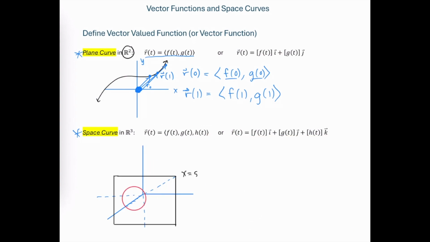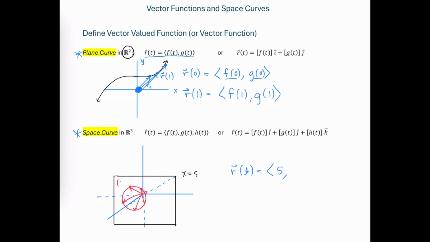Now, just to come back to the scenario, when we have a plane curve existing within the plane x is equal to 5, we would end up with some sort of a vector function that had a constant x value. The x value of each of the ordered triples that are on this curve are going to be 5 because this curve exists entirely in the plane x is equal to 5.